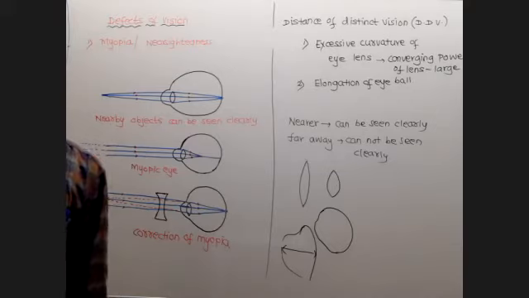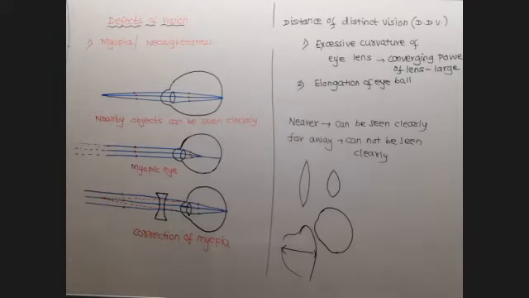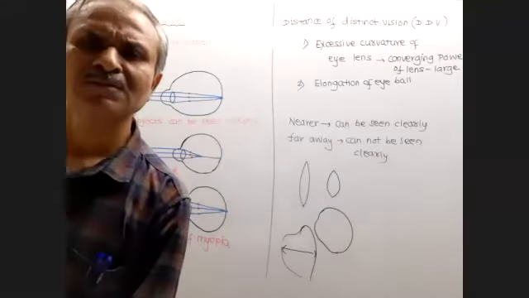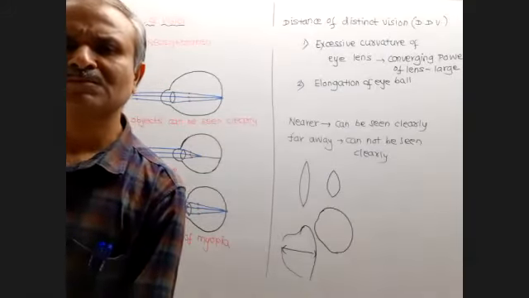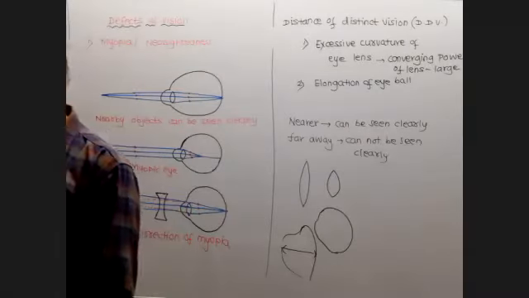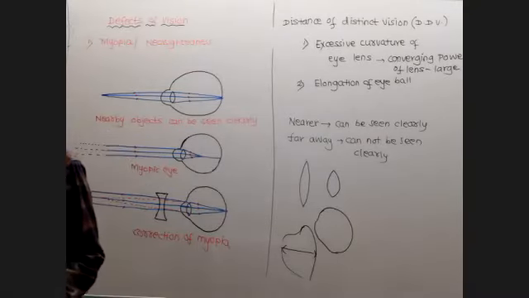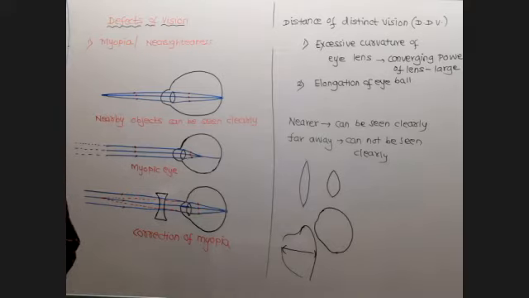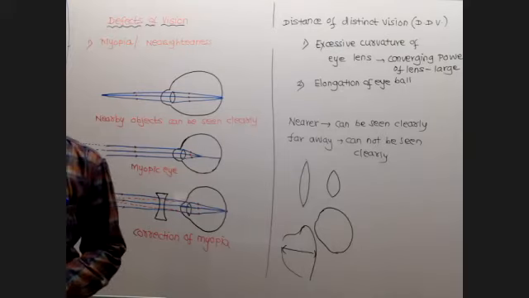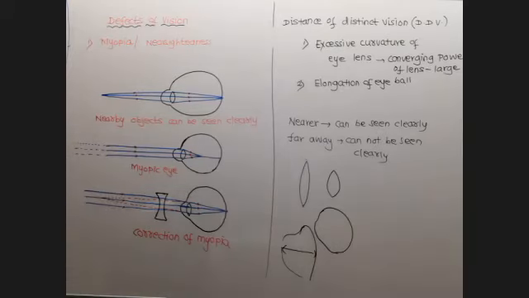Okay. So we'll write the answer in points. First point: it is also called nearsightedness.